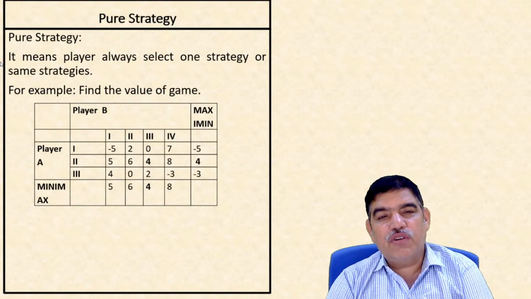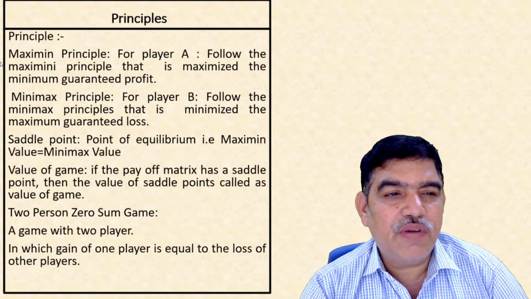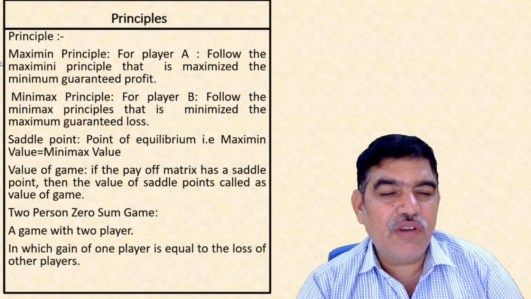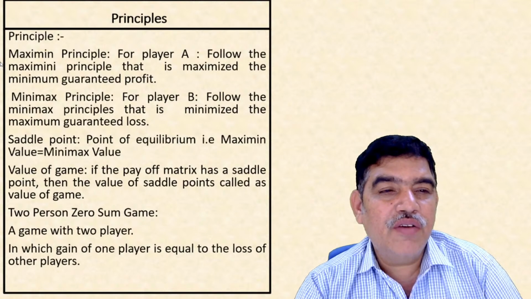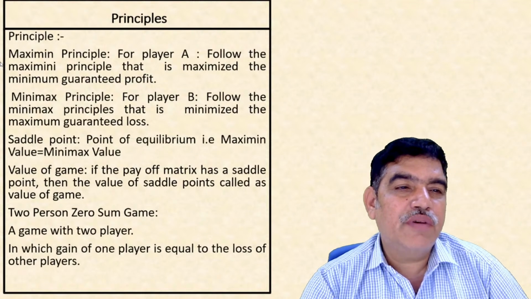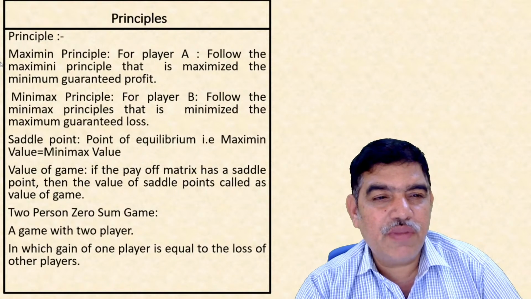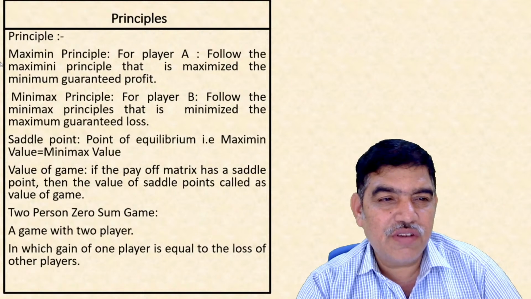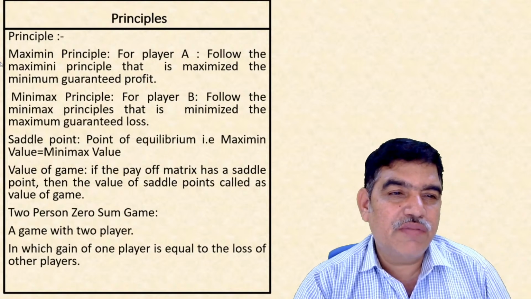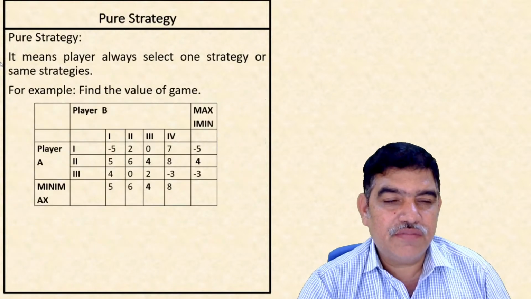So we have to follow the minimax and maximin principles. What is actually the maximin principle? What is actually the minimax principle? Maximin: you have to find the minimum profit, and from that minimum we calculate the maximum profit. Similarly, minimax means we find the maximum loss, and out of the maximum losses we find the minimum loss. That is called the maximin and minimax principles.